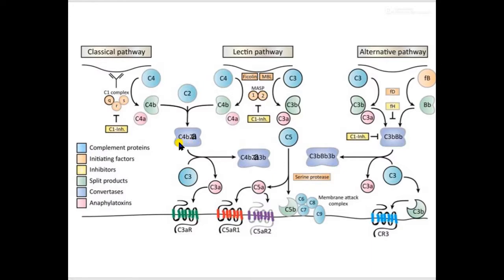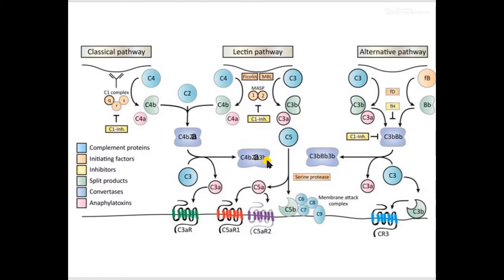Now you have C4b and 2a, and that will further activate another protein called the C3 convertase, C3, okay, and C3 will get split into what? C3a and C3b. Do remember, after 1, 4 is coming, after 4, 2 is coming, then comes 3, okay, and C4b, 2a and 3b is coming.